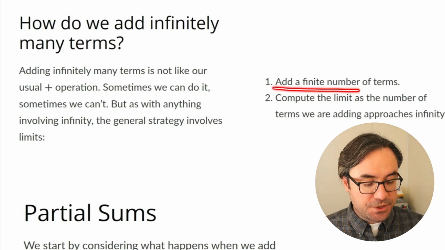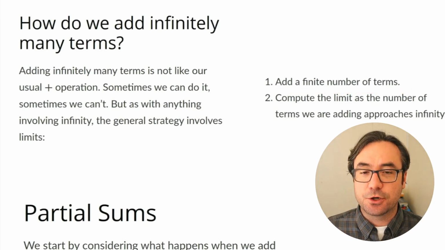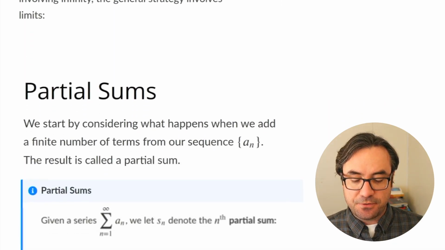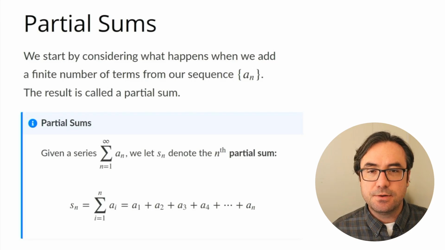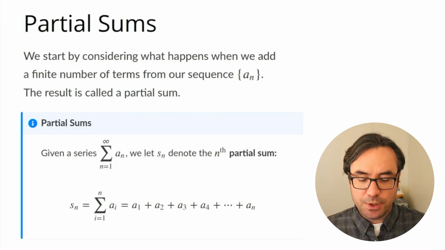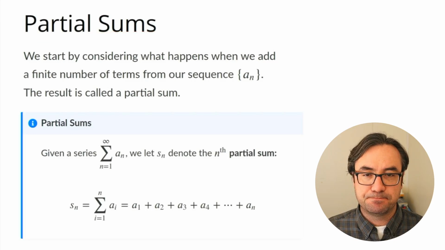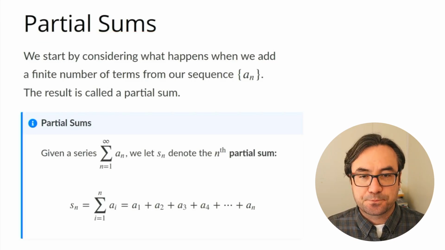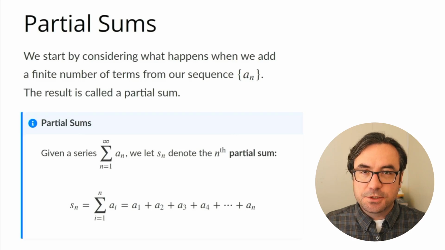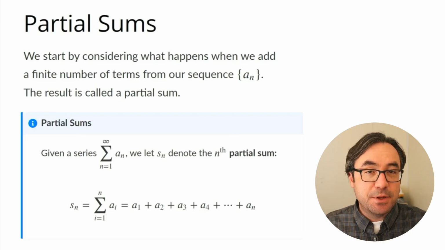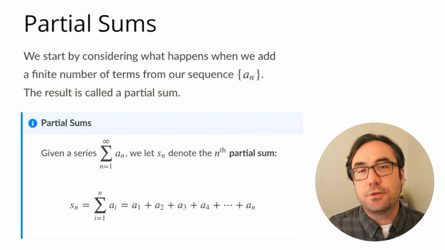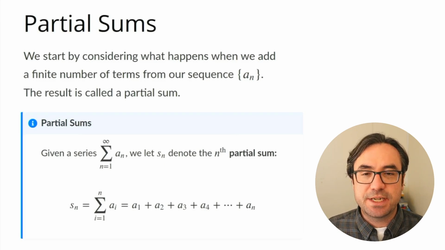And this first step, adding a finite number of terms, takes us to our first topic here, which is partial sums. Ultimately the goal is to see what happens when we add essentially all the terms in our infinite sequence together.